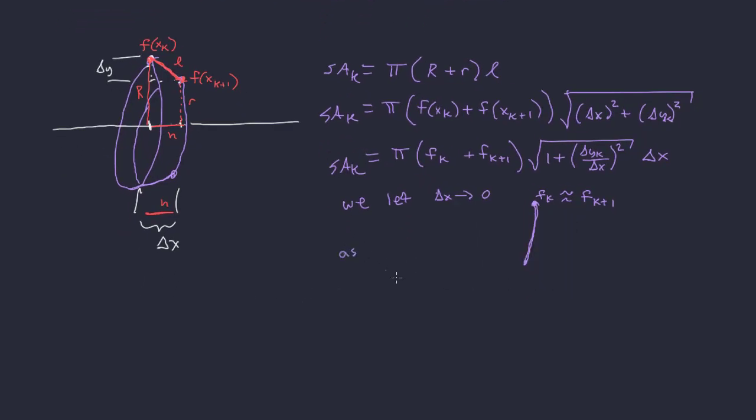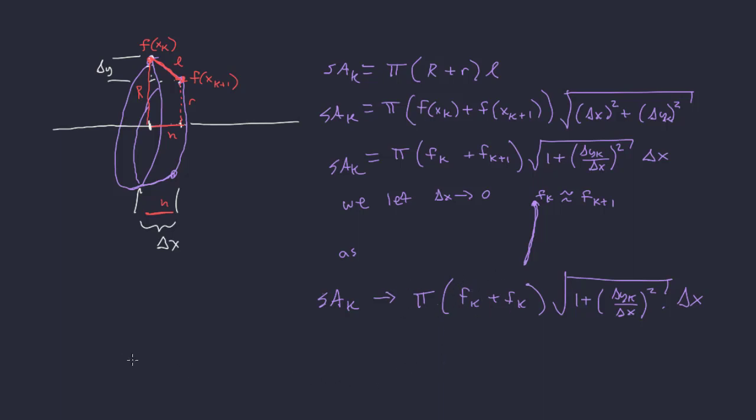So as this happens, SA sub k approaches just an f of k plus f sub k, and that would end up being a 2.